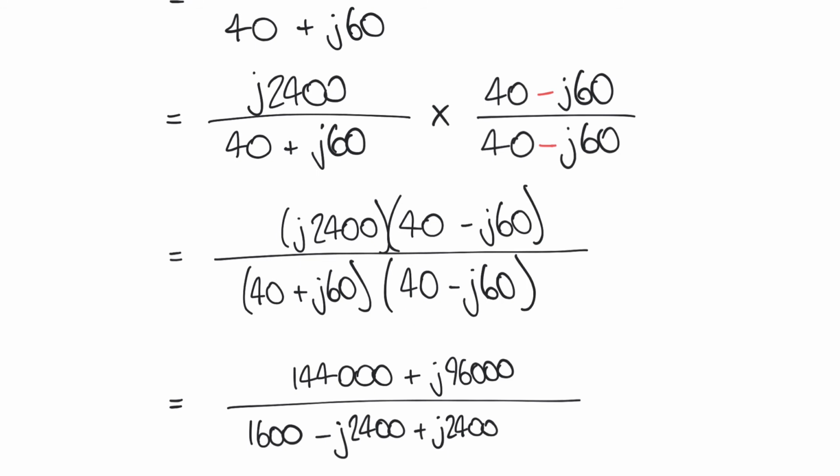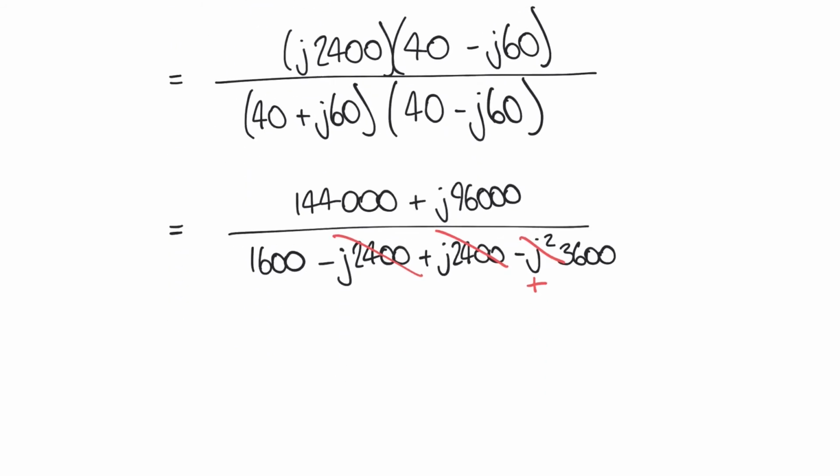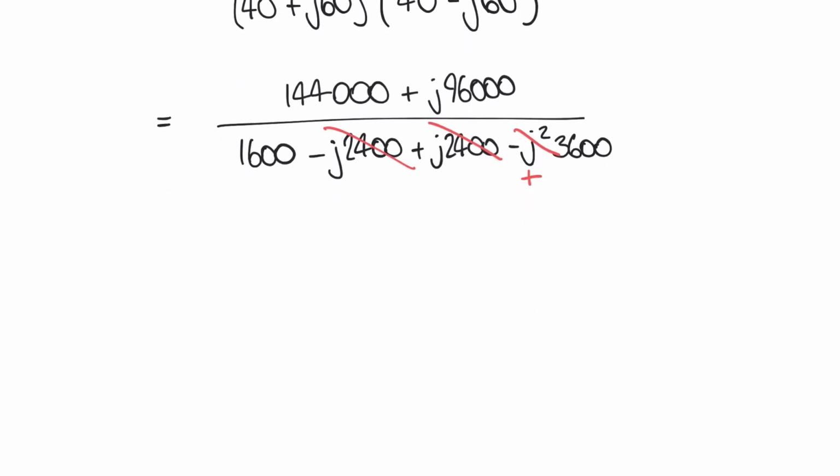And the last terms, j60 times minus j60, give us minus j squared 3,600. Remember, these 2,400 terms are going to disappear, minus 2,400 plus 2,400, those j terms are going to go. j squared is minus 1, so minus times minus 1 is plus 1, so just plus 3,600. And we have 1,600 plus 3,600, which gives us 5,200.